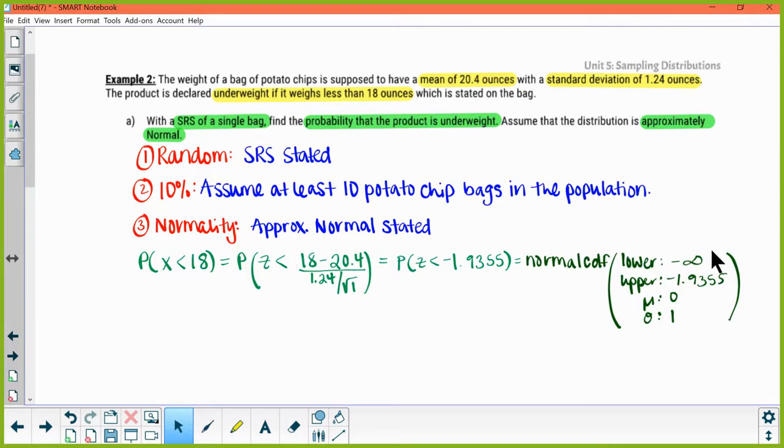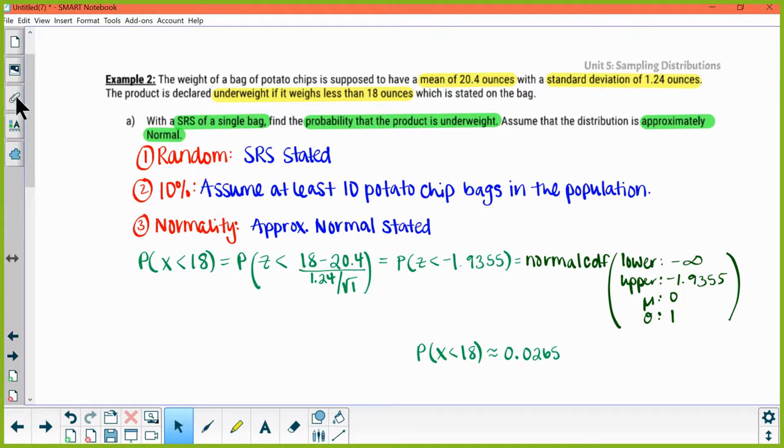My lower bound was negative infinity because I want everything less than 18, to negative 1.9355. Mean of 0, standard deviation of 1, because we're dealing with the z-score. So my probability, after I plugged that all into my calculator, that x is less than 18 is approximately 0.0265.